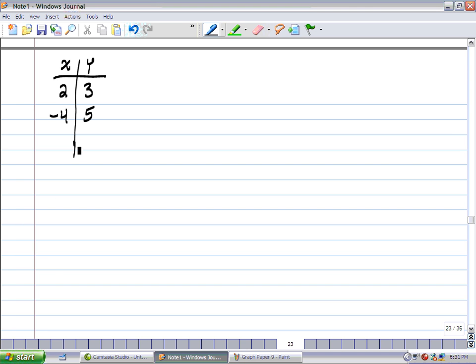So let's say we have these. This is the same thing as the points 2, 3, negative 4, 5, and 0, negative 6. So it's just another way of writing these.